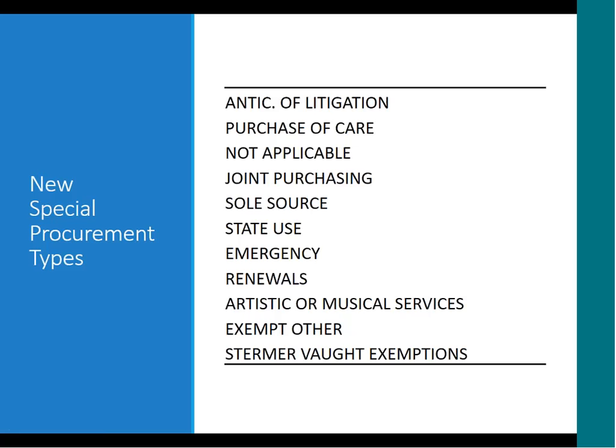And so we just wanted to let you know, and just to sort of go back and recap, special procurement types drive different approval paths. So within BidBuy, you have your internal approval paths, then there are the statewide approval paths, but when you come to special types of procurement, like a state use or like an emergency, there may be a different approval path routing at the state level that needs to occur.